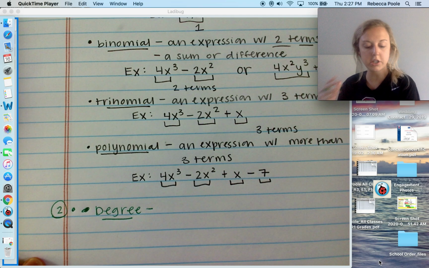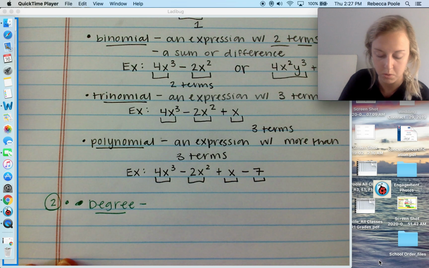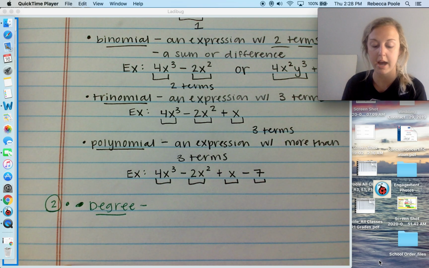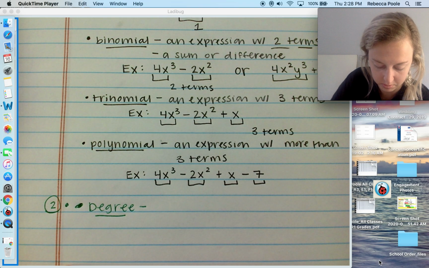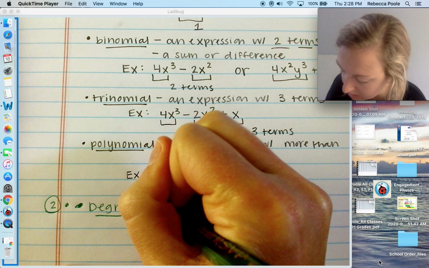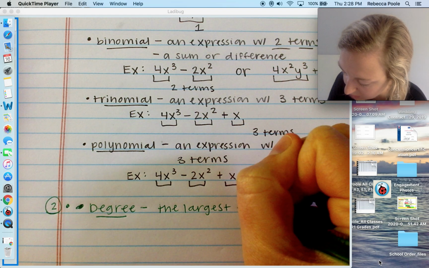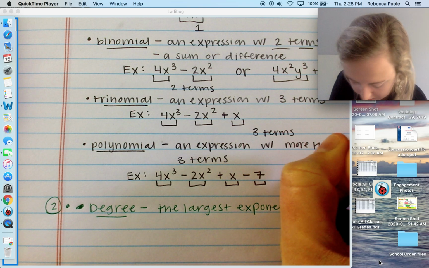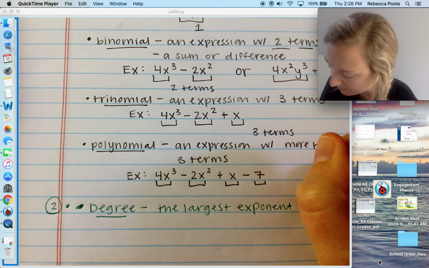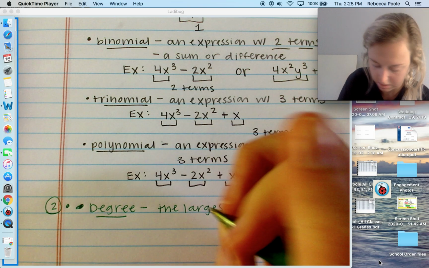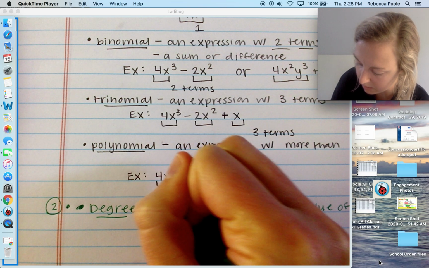All right, so the degree of a polynomial is just the largest exponent value for that polynomial, okay? So I'm going to write that down. It's the largest exponent value of a polynomial.